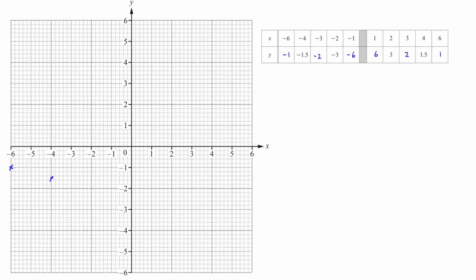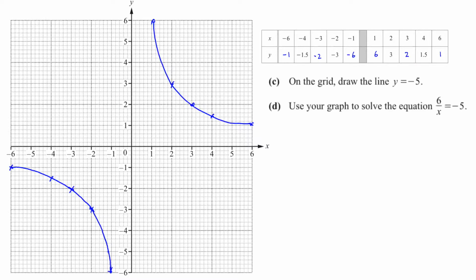And when x is -3, y is -2. -2, -3, and -1, -6. So we'll join this in a smooth curve. The same we are going to do by plotting these points now. So we are finished with plotting of the points.